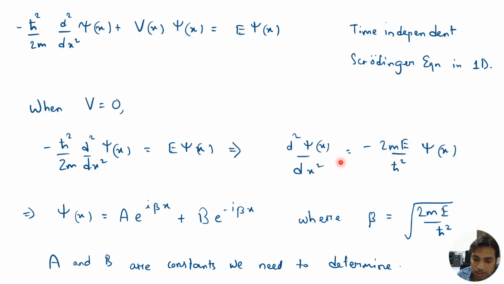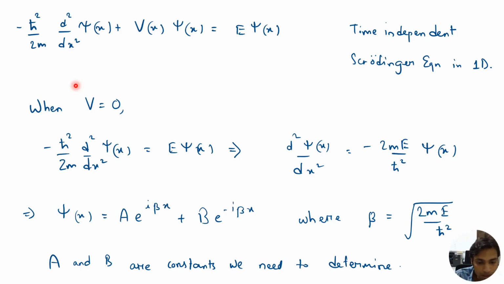So it is like a harmonic oscillator differential equation. So psi of x is equal to A e to the power i beta x plus B e to the power minus i beta x, where A and B are arbitrary constants that need to be determined, and beta is the root of 2mE by h bar squared. This just comes from the solution to the harmonic oscillator differential equation.